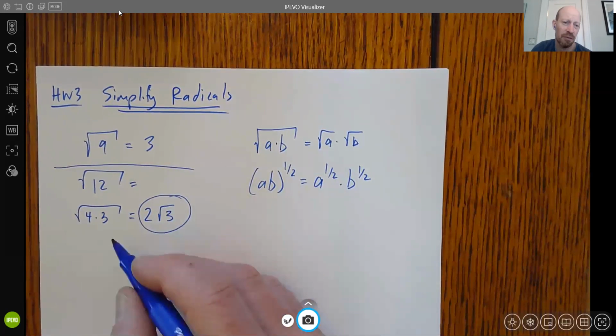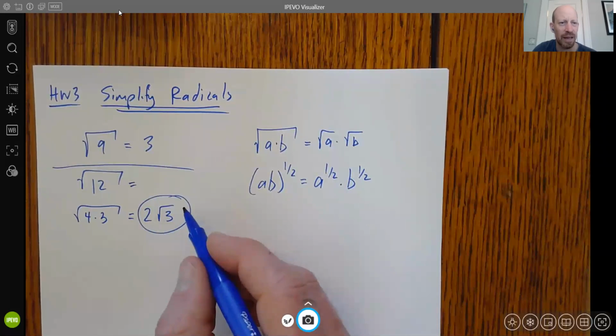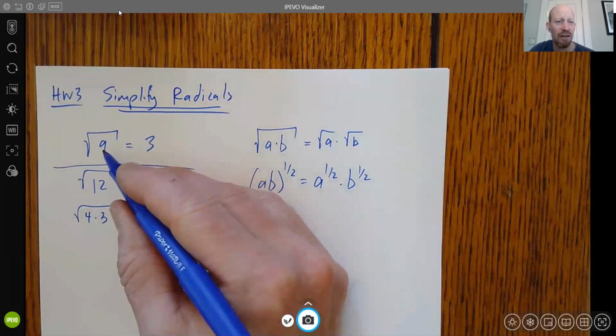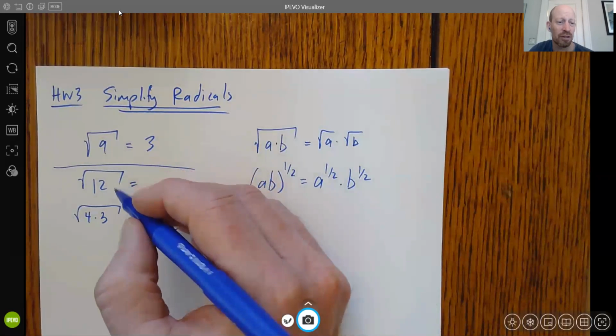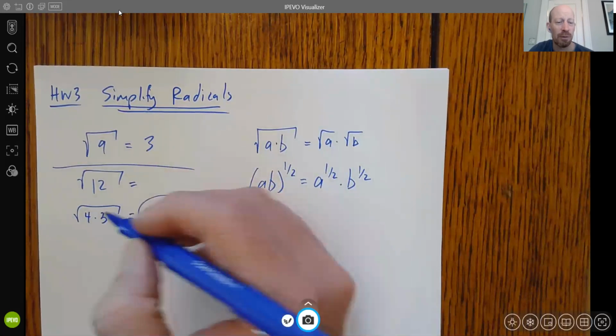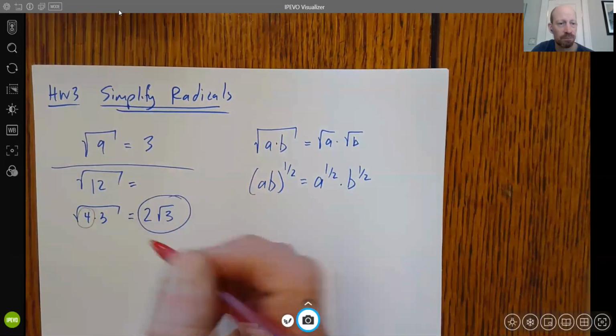And it's simplified because I have less stuff in the square root, right? That's my goal, really, is to pull as much out of the square root as I can. I'd love it if everything could come out of the square root, but many times that's not possible. So I'll just pull out what I can. So I'm looking for what I call these perfect square factors, right?